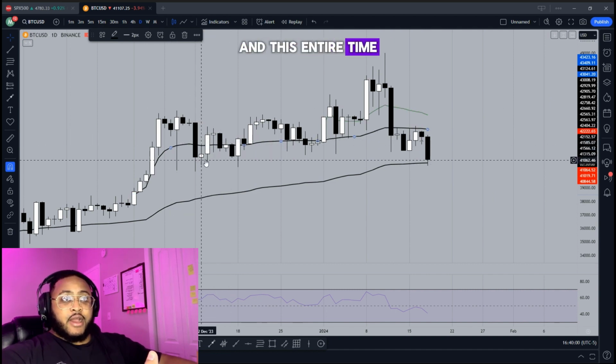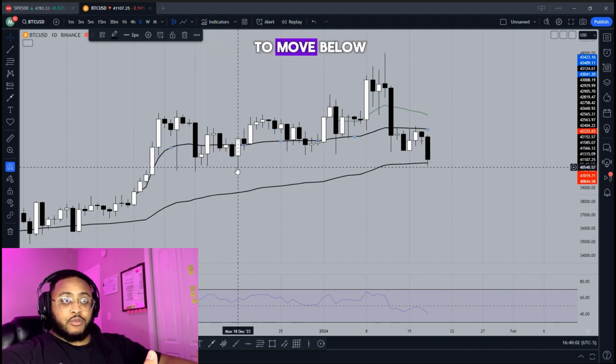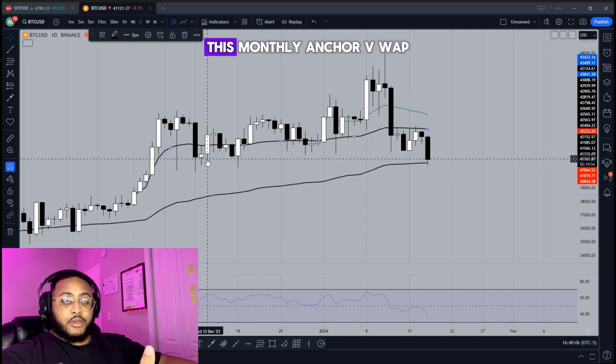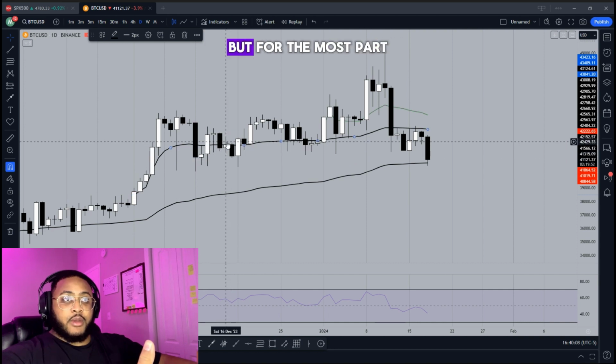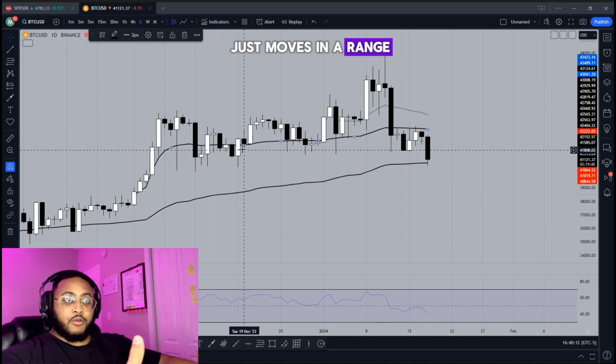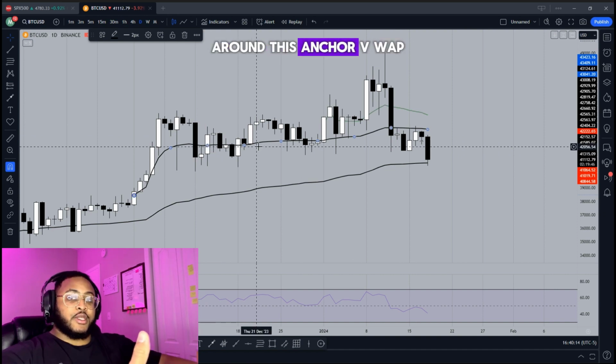And this entire time where price action is trying to move below, we do see price action break under this monthly anchor VWAP, but for the most part, it just consolidates or moves in a range around this anchor VWAP.